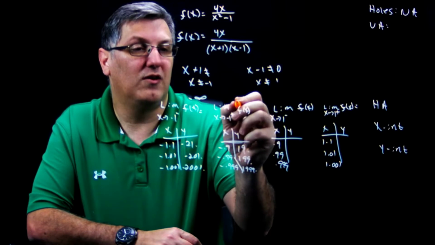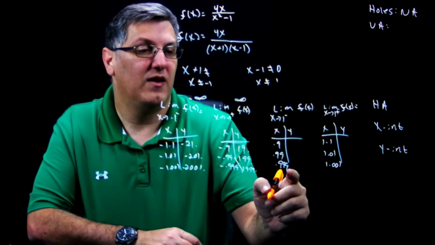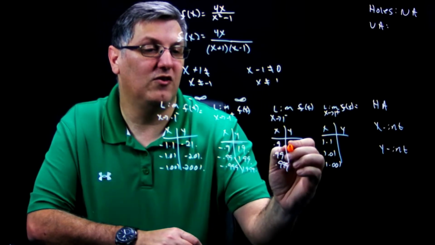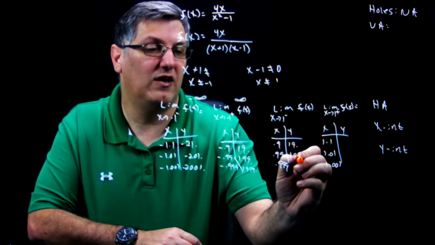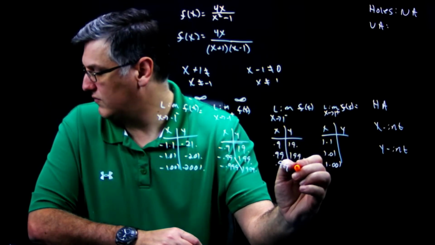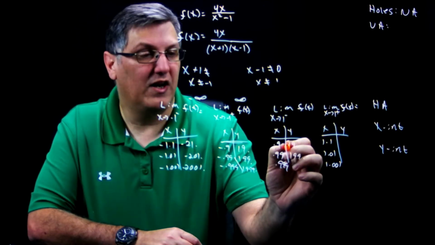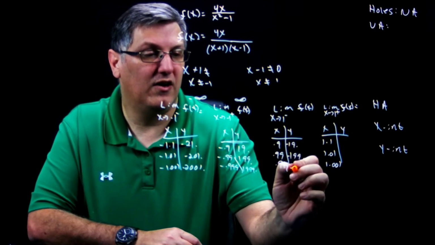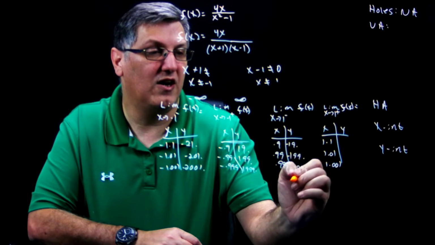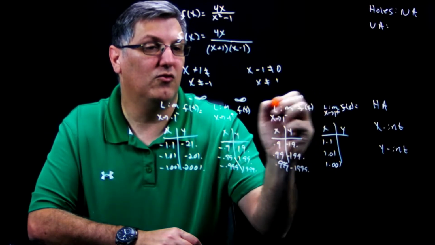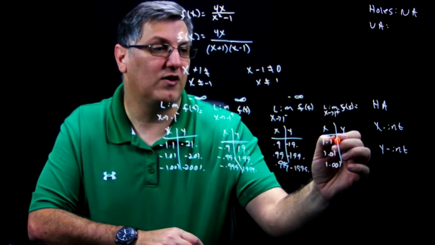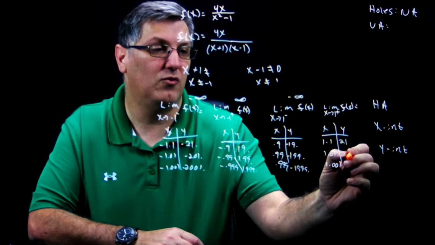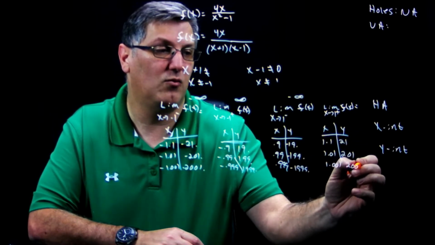So this is telling me this one's going to infinity. Here, there's some symmetry to this graph, so this is going to be 19, 199. These are negative, and a negative 1,999. So this is going to negative infinity. And this one matches up with these, except the signs change. This becomes 1, 1,001.